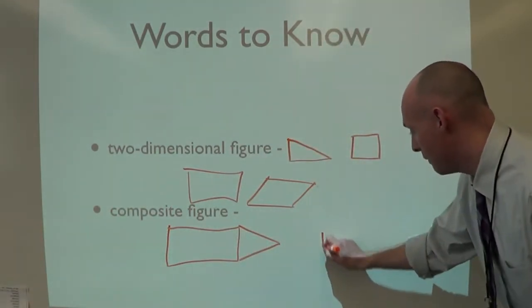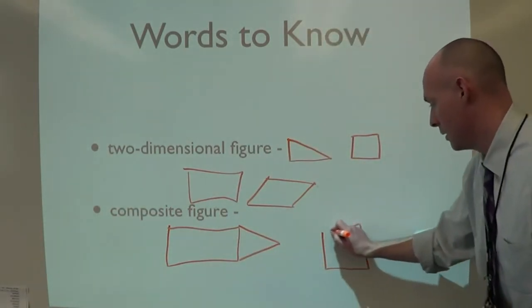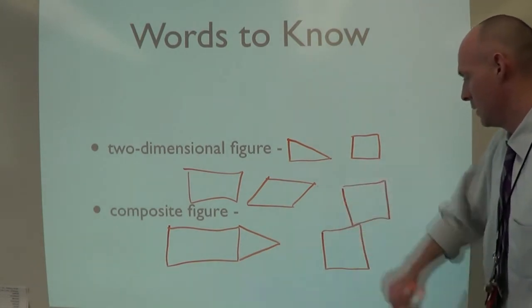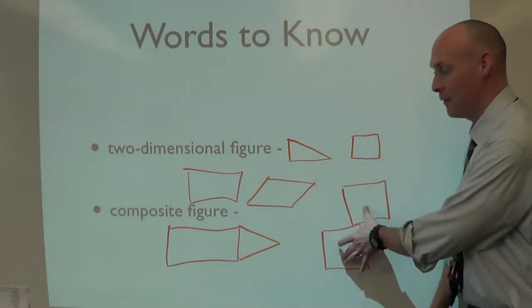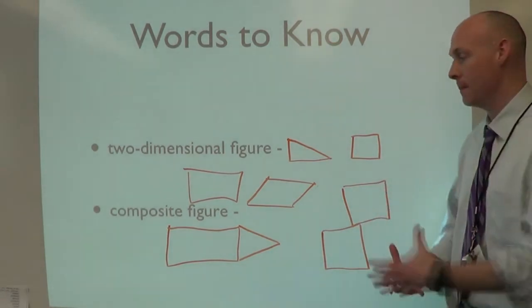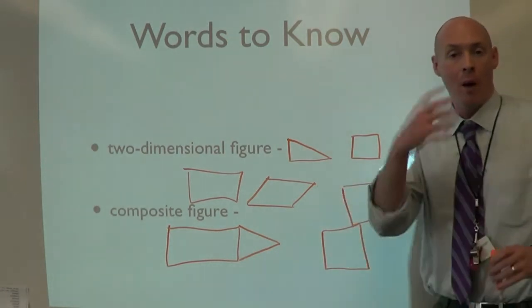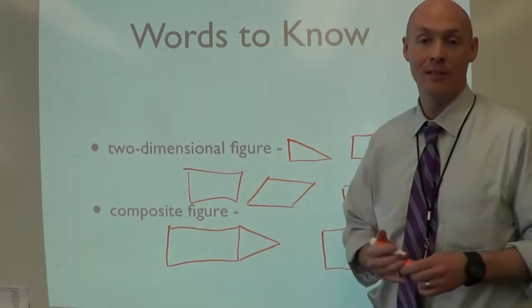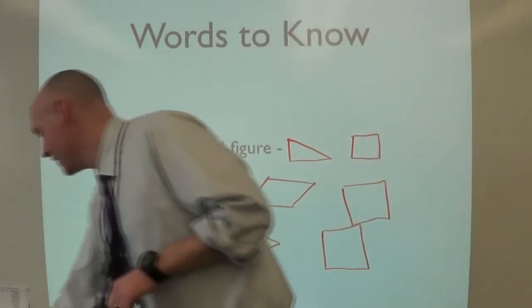I could have a square and another square. Composite figures are just more than one two-dimensional figure. What we're going to do is try to find the area of some composite figures. Let's get started.